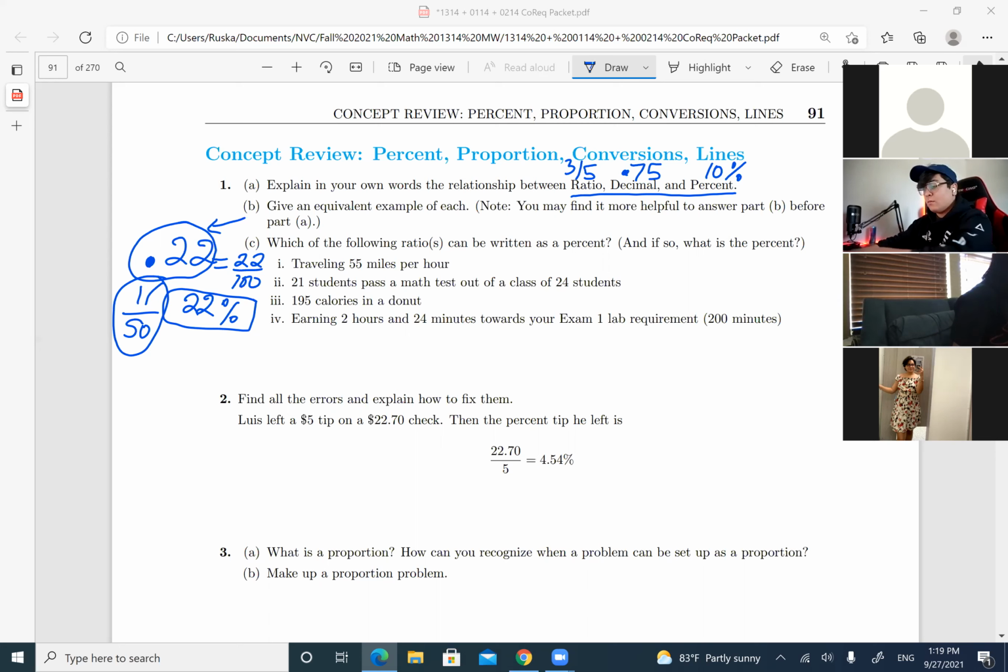And just read all of these four and tell me which one is yes, which one is no. Can you change 55 miles per hour to percent?